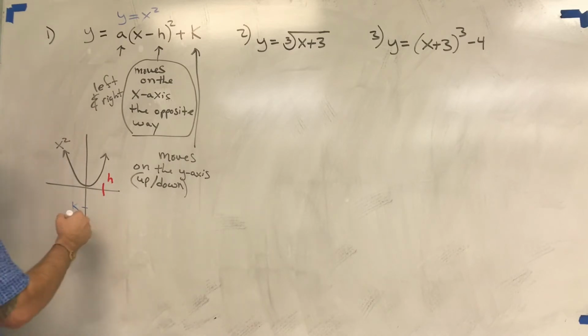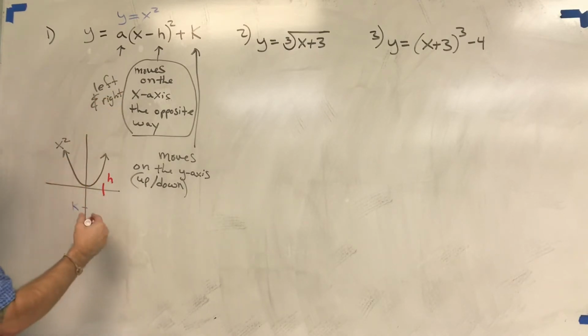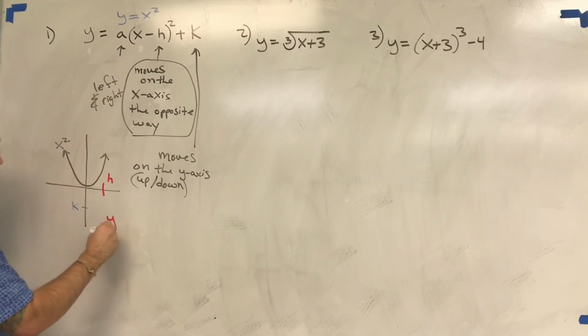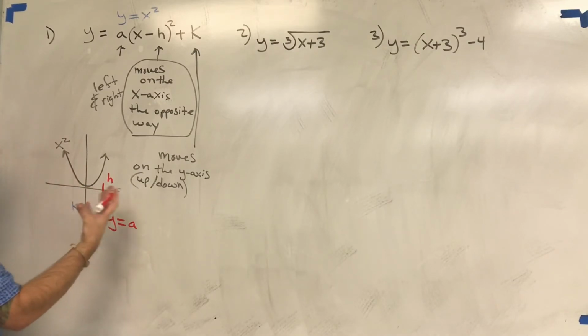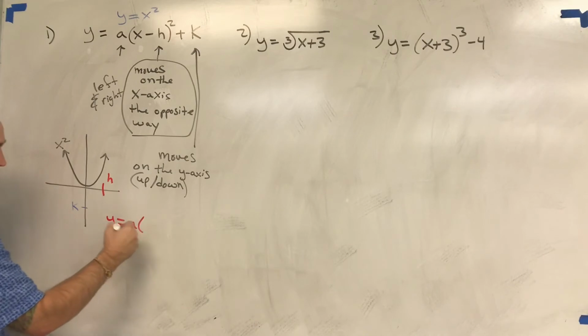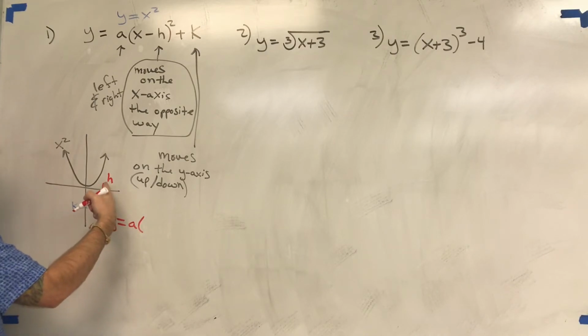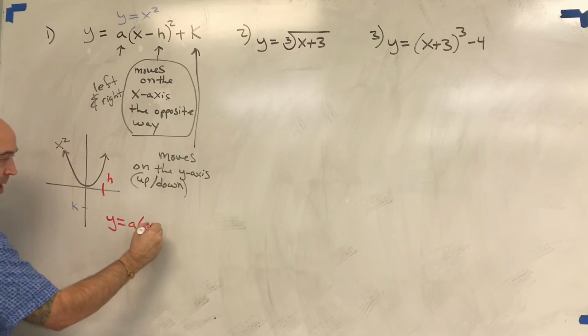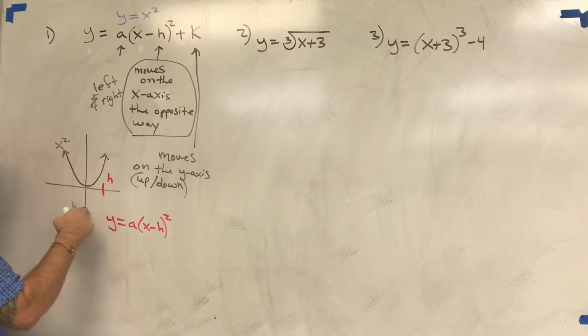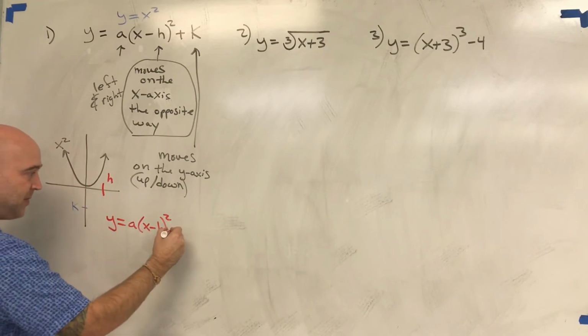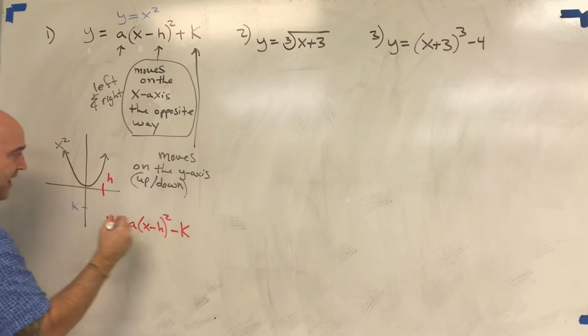Okay? So if I were to write this out, that would be y equals the a. We're not really sure about what adjustments are happening there. The h did go in the positive direction, so that'd be x minus the h squared. And in this case, the k went down, so that would be a minus k on that one.